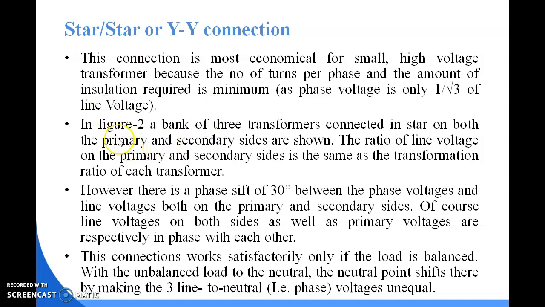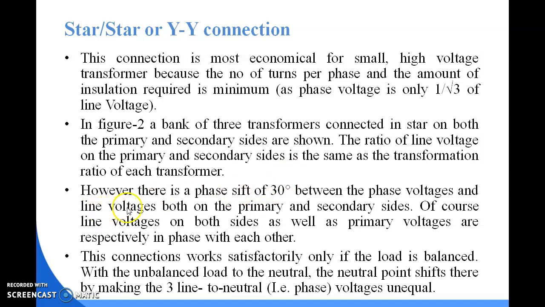We can also say in figure 2, a bank of 3-phase transformers we have already seen. Those are connected in star on both the primary and secondary sides as shown. The ratio of line voltage on the primary and secondary sides is the same as the transformation ratio of each transformer.